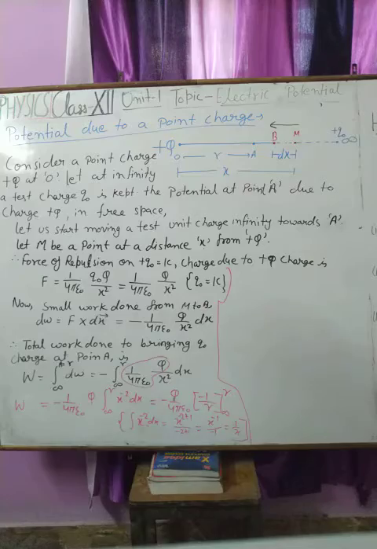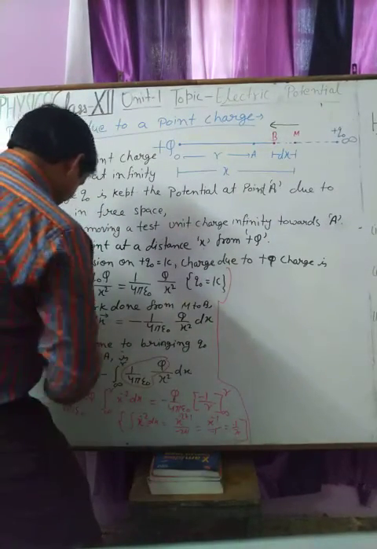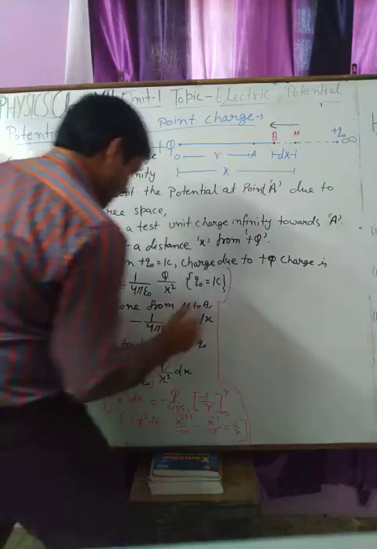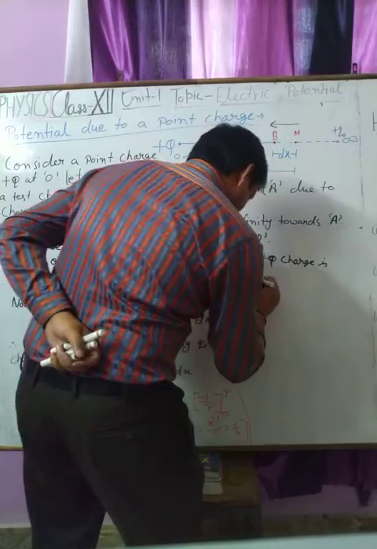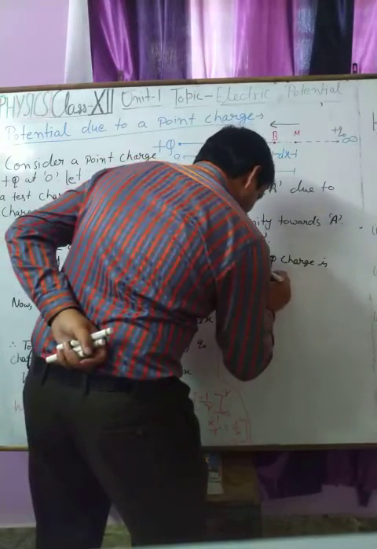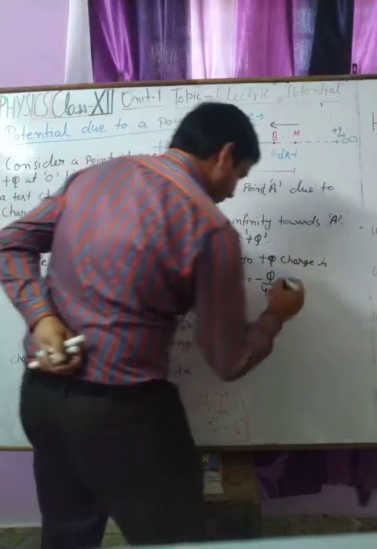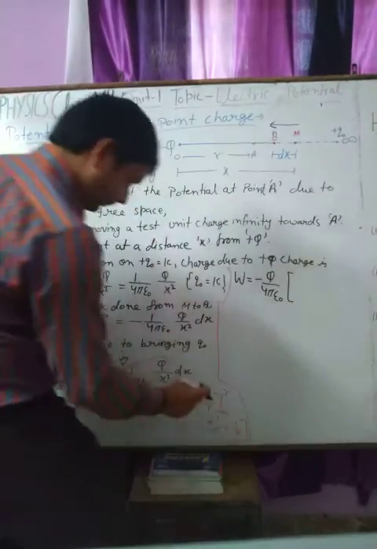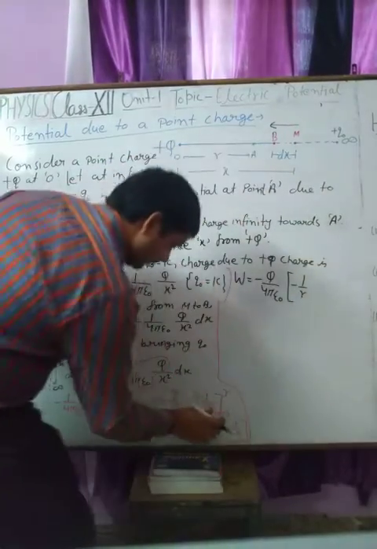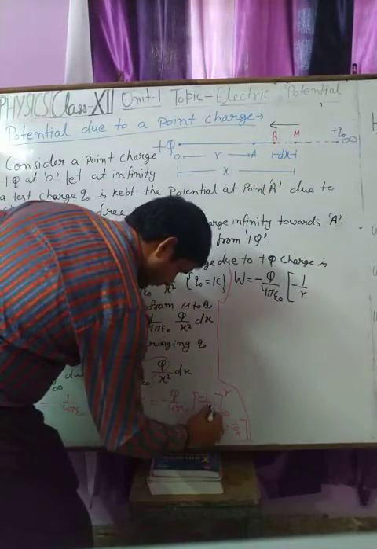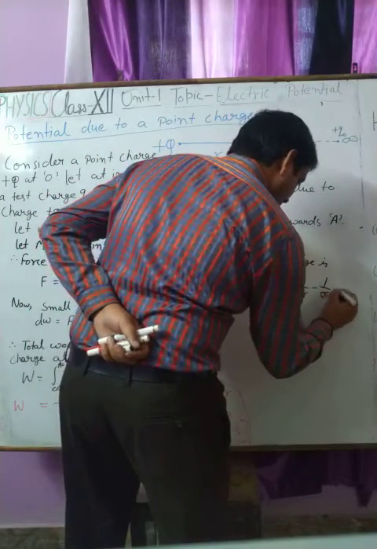Okay, now on taking limits, we find this work done is equal to minus q upon 4 pi epsilon naught times minus 1 upon r, that is 1 upon r minus 1 upon infinity.